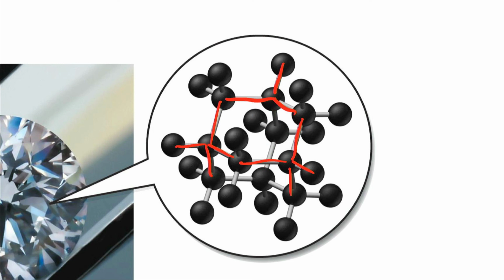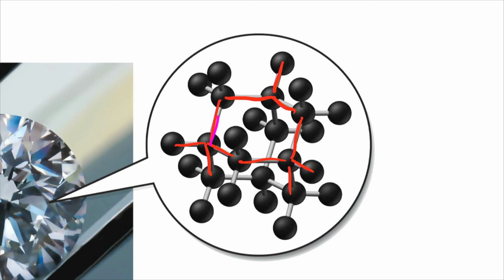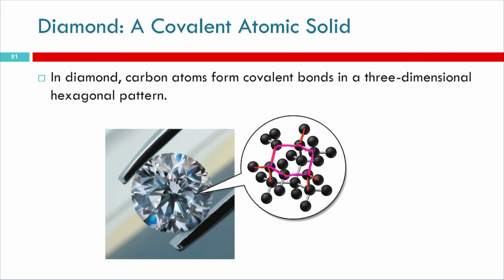And that's where you get these hexagons as well. So if we look at these atoms around this barrier, we have a hexagon. So it's that three-dimensional hexagonal pattern made up of tetrahedrals.